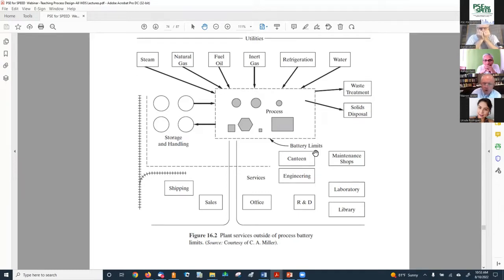Oh yes, you do need canteen and maintenance shops for the engineers and the operators. And you need services for engineering, laboratory, library, R&D, office, and you need sales and shipping. All of this is part of what you have to include in your total capital investment.